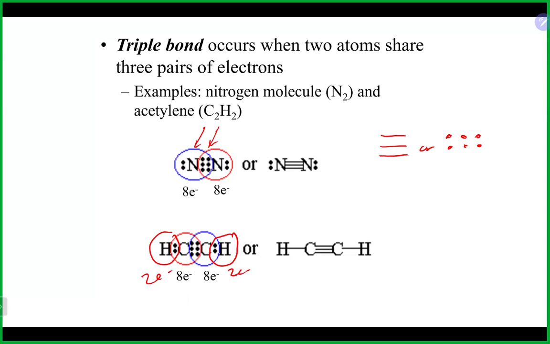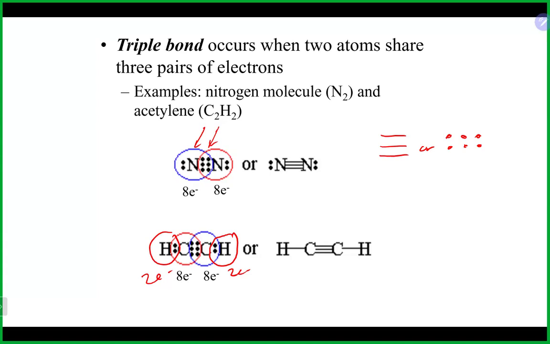Any questions on that? Yeah. Which one are we talking about? In this case, there's an exception to that. I don't know if it's really an exception or not, but in this case, we do put them together because they're all part of a bond. That indicates that all those electrons are being shared between the two.